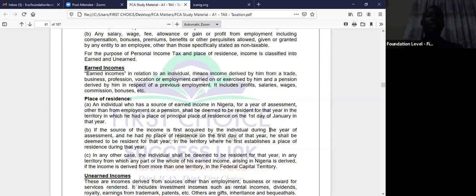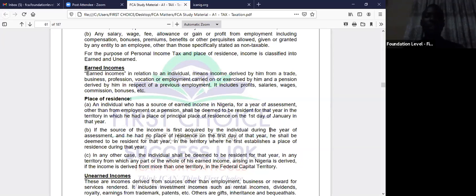And we said your place of residence for someone who enjoys earned income, apart from pension, is anywhere you are deemed to be resident for that year from the 1st of January. Okay, so it means wherever your principal office is, where you are deriving that income that is being paid to you, that is where you are deemed to be resident.